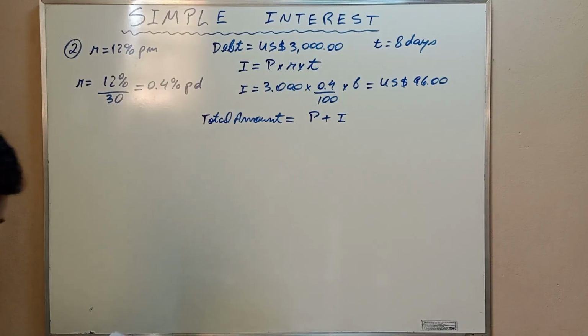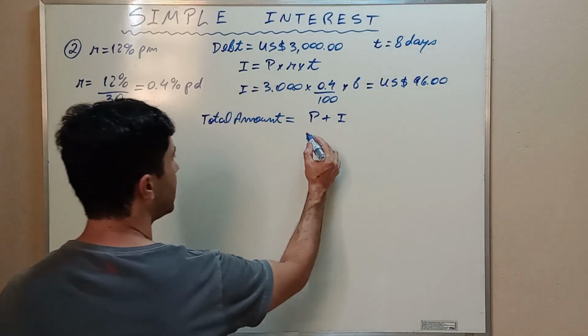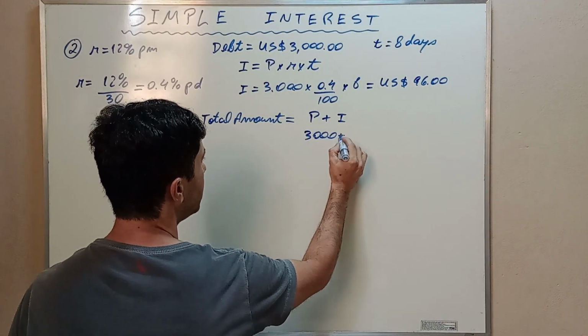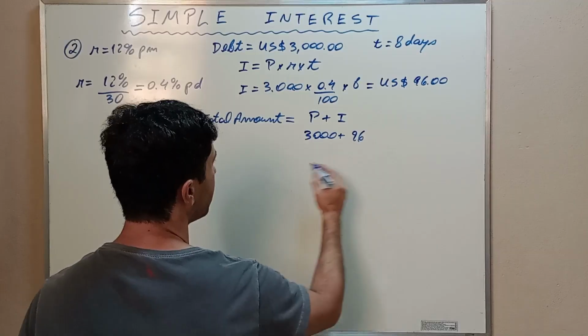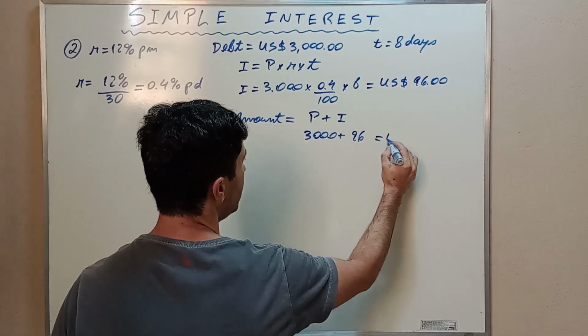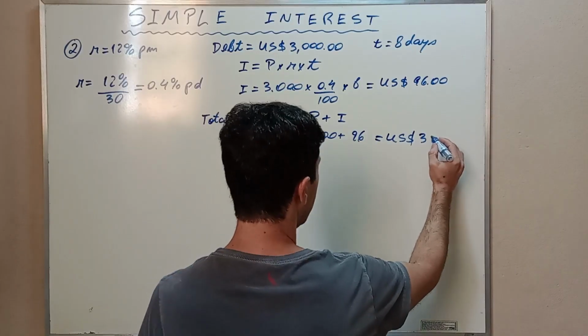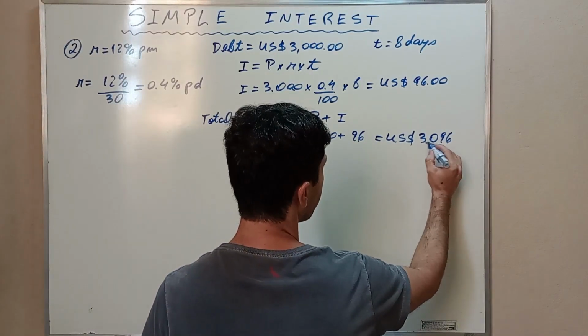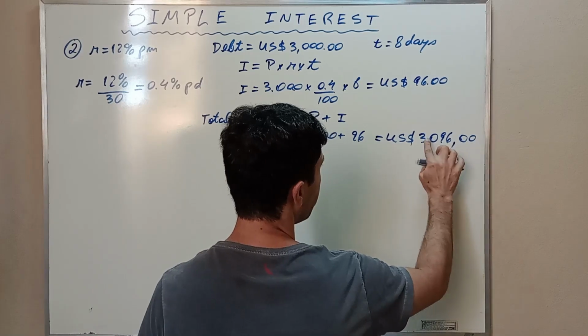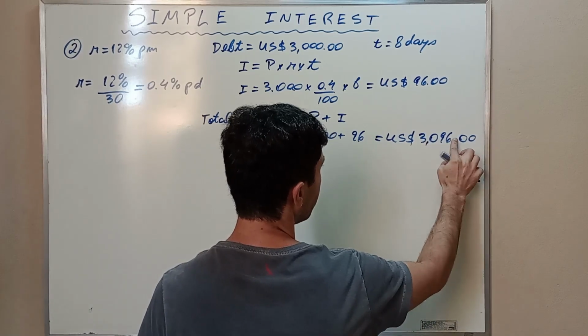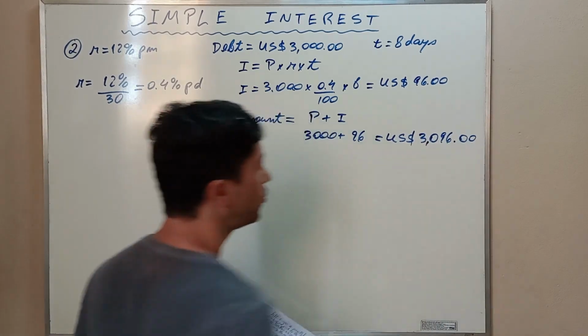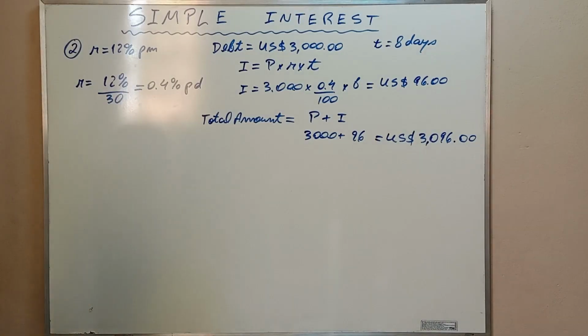All right, so the principal was 3,000 and the interest 96, and this is equal to $3,096.